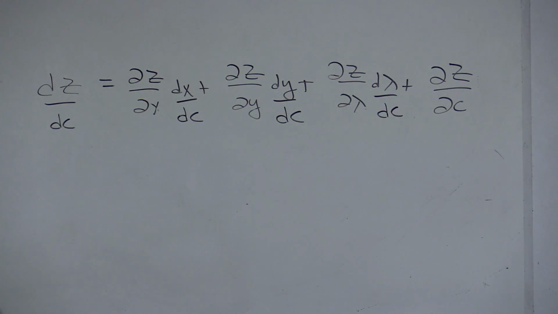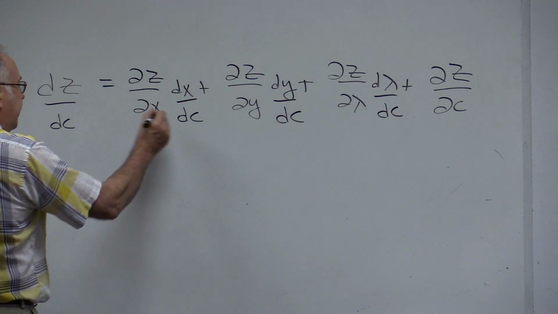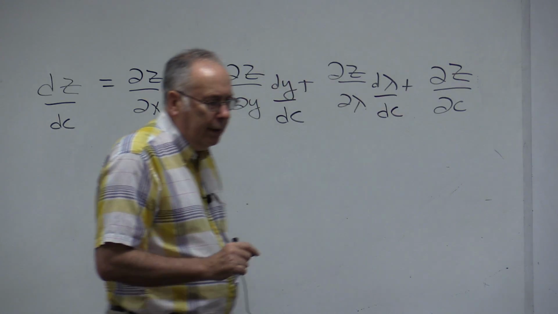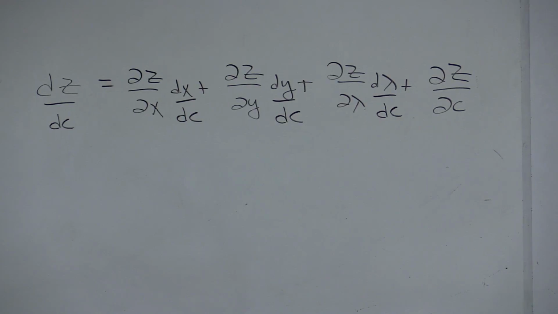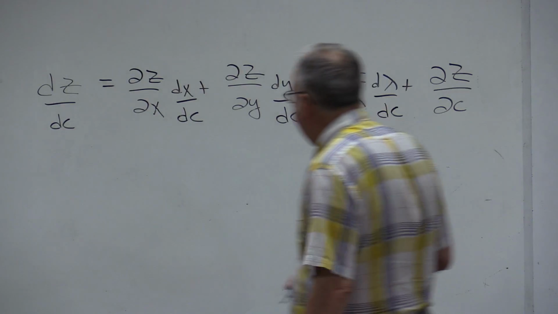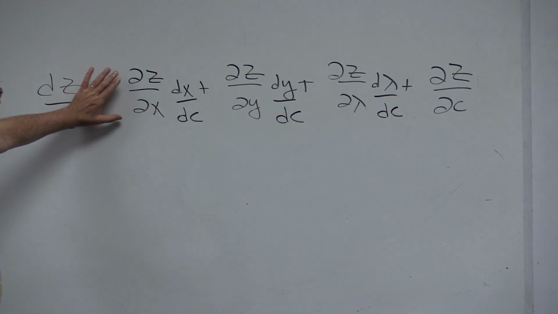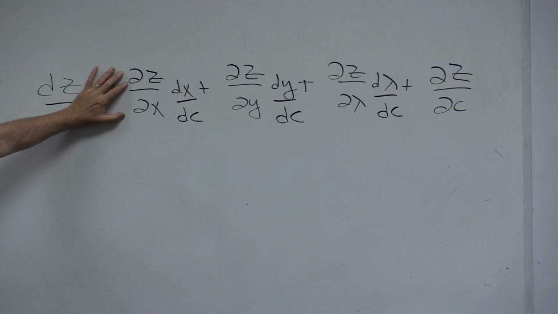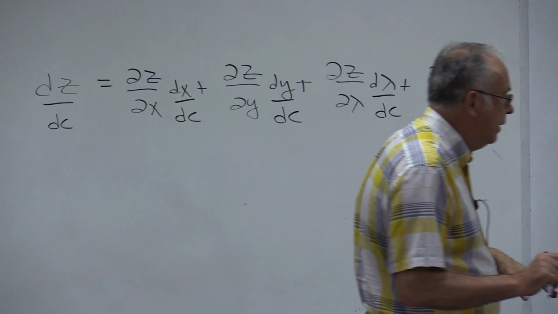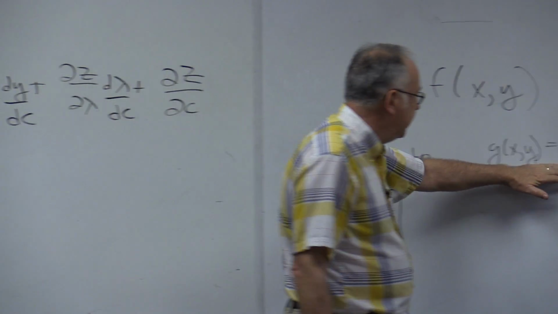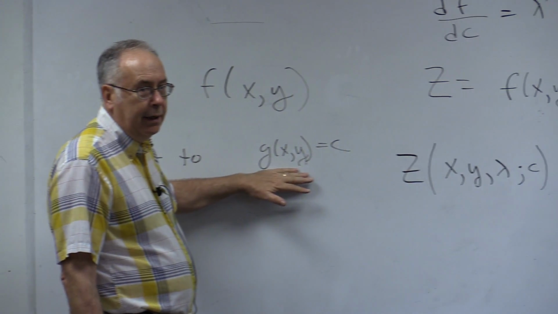Now, if we're always optimizing, if this individual is always maximizing their utility, what is partial Z, partial X? Well, in this case, go back a chapter. In this case, let's assume this constraint is exactly binding.